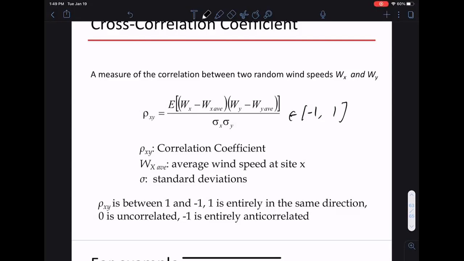Very correlated means they're likely to be both very small at the same time, and that can create a lot of challenges when we're operating the system. So when you measure sites, you want to make sure that they're at least not perfectly aligned to each other. Any questions about this cross correlation coefficient?